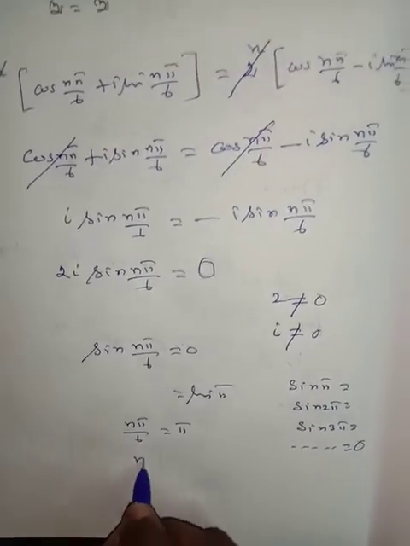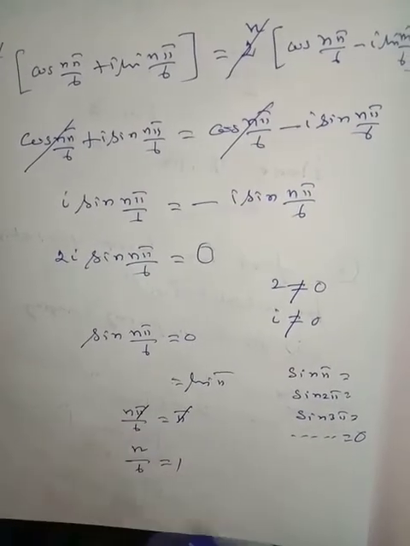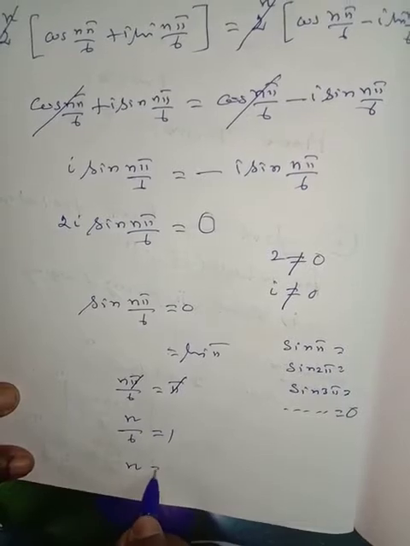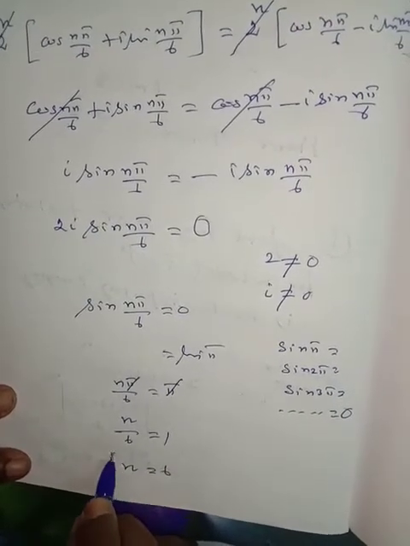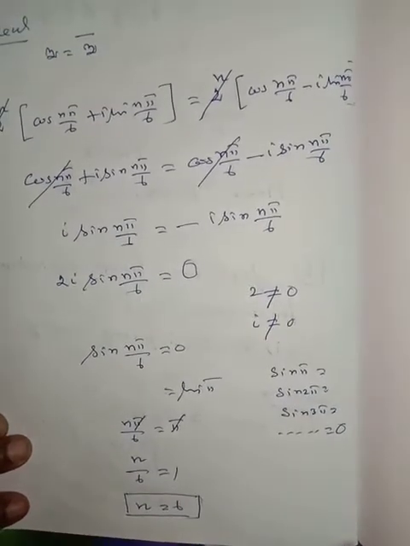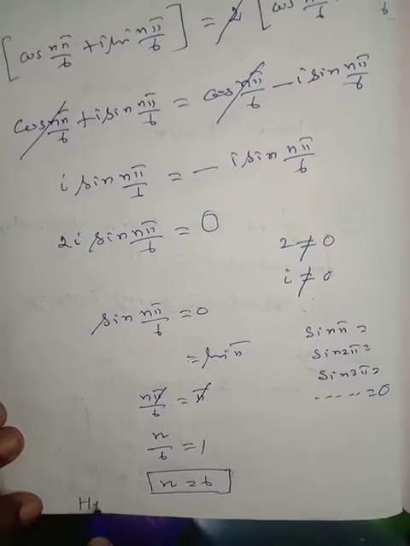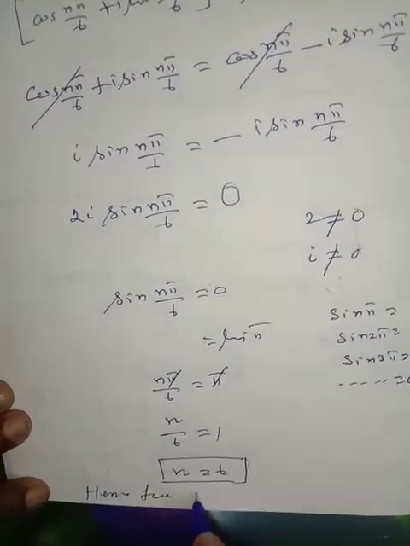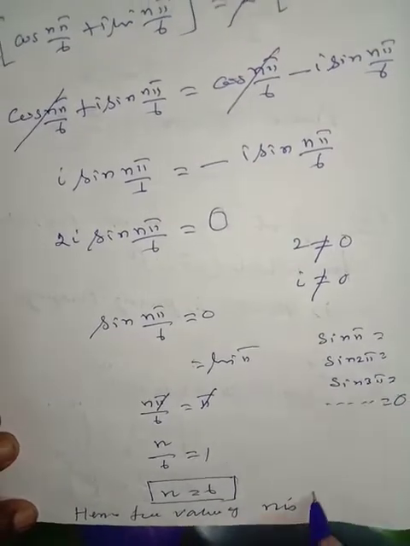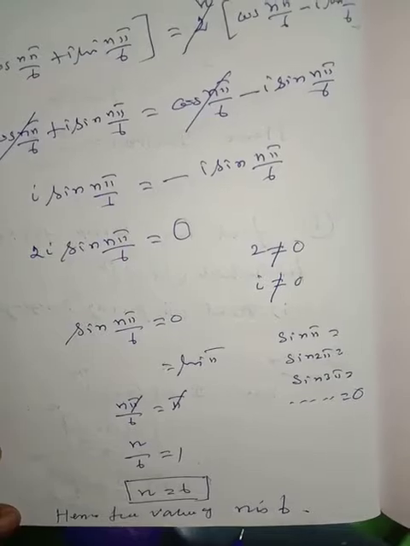Pi cancel. n by 6 is equal to 1. Cross multiplying, we get n is equal to 6. If it is real, n is 6. Hence the value of n is 6. If z is real, then n is 6.